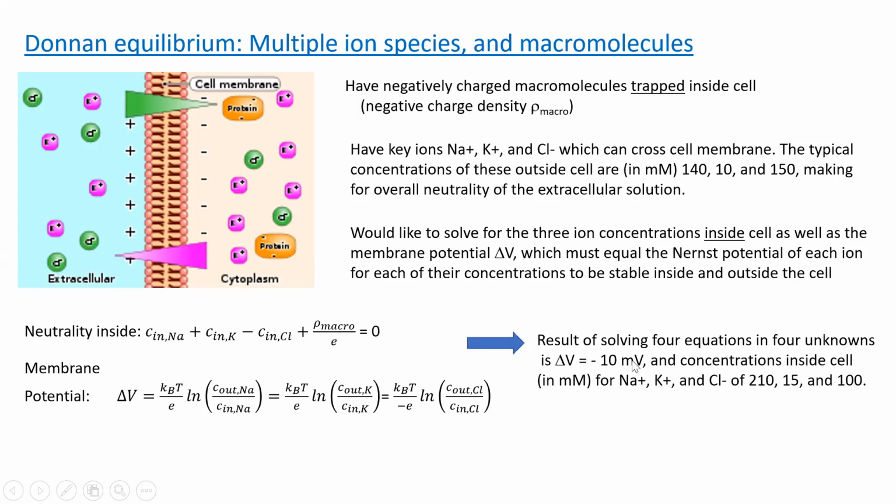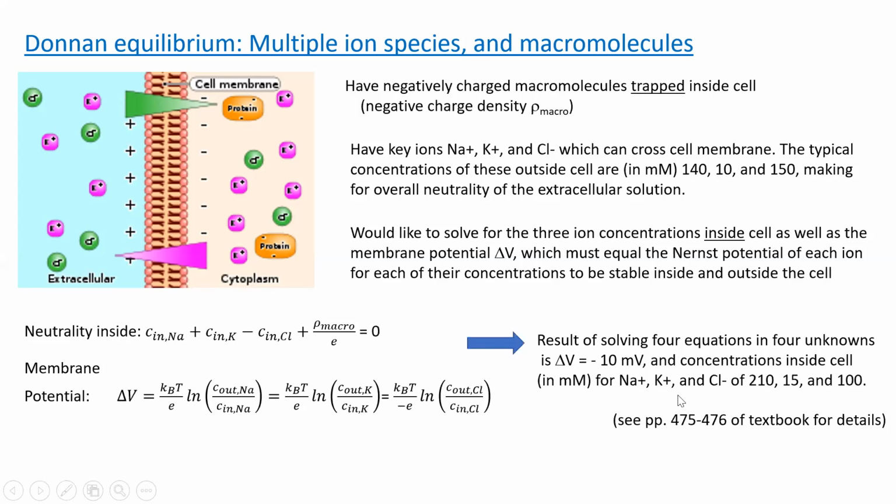So the membrane potential is minus 10 millivolts, and the concentrations inside the cell are 210, 15, and 100 for sodium, potassium, and chlorine, respectively. If you'd like to see the details of that solution, you can check out our textbook, solving these 4 equations and plugging in all these numbers.